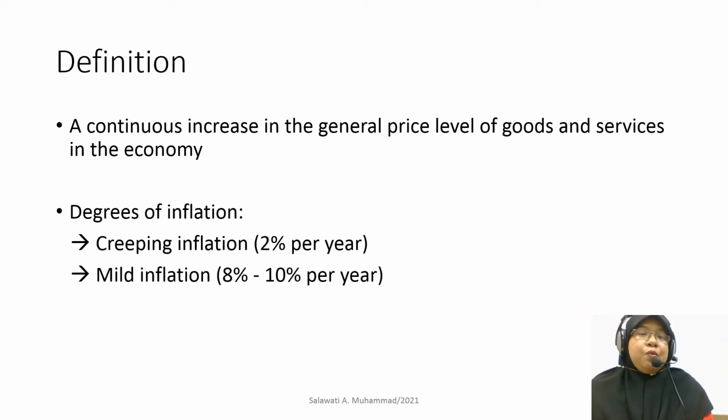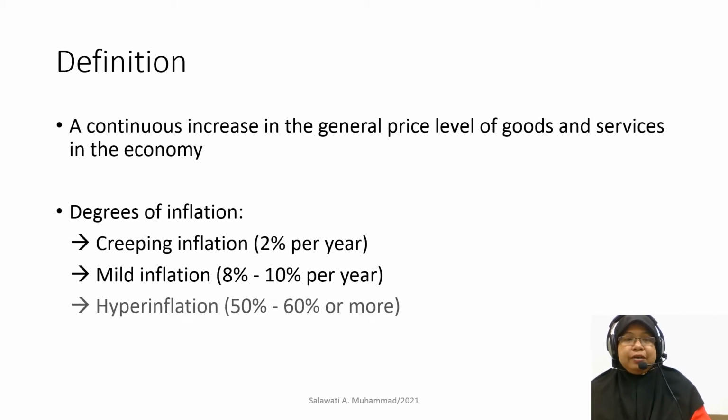Okay, the middle one, we call it mild inflation, a sustained rise in price by about 8% to 10% per year. The highest one, we call it hyperinflation. So it's more than 50%.